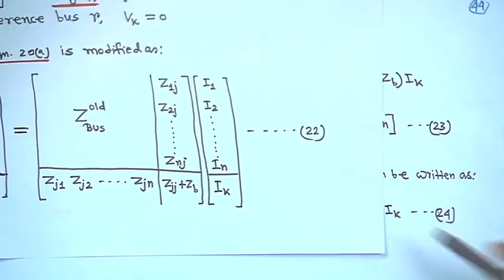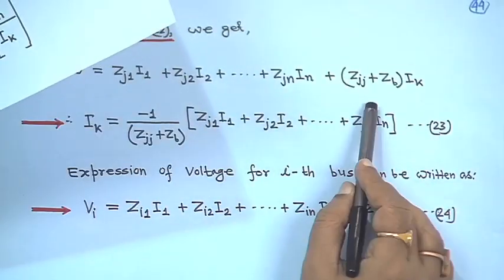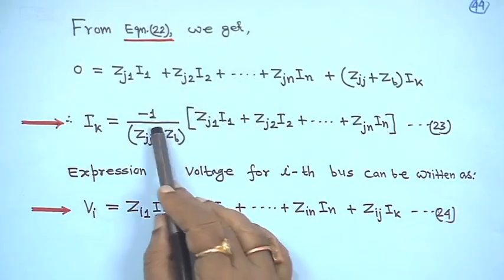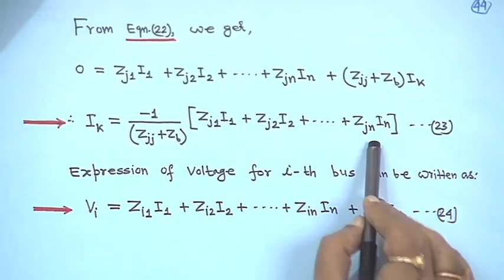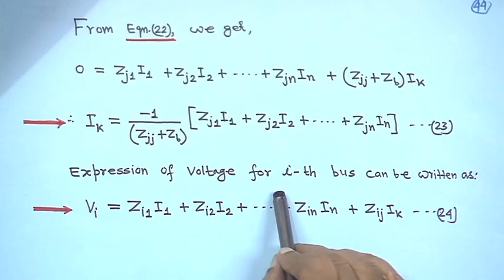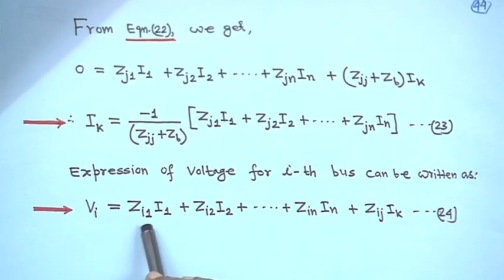Everything will remain the same, only Vk will be equal to 0. From here you will get Ik equal to minus 1 upon Zjj plus Zb into all these terms, right.